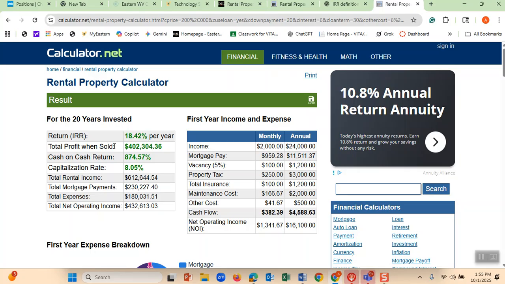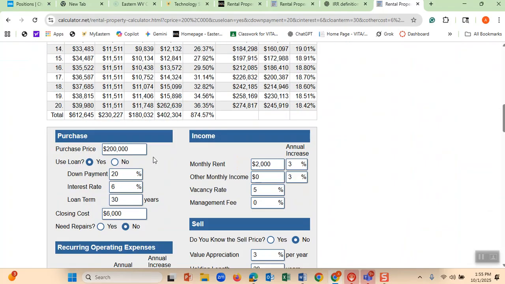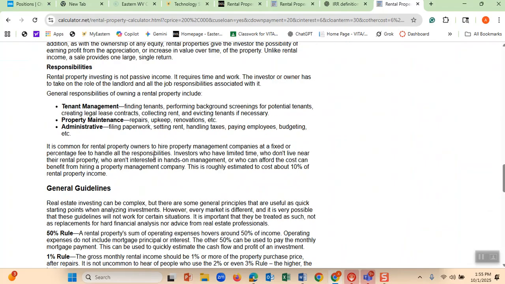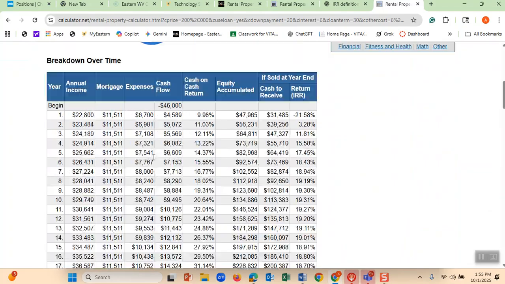And then the total profit when sold. After 20 years, when you sell it, you are going to make $402,000, hopefully, in profit. And for cash on cash return, there is an explanation at the bottom that will tell you what it is.